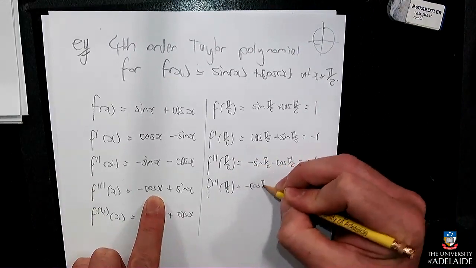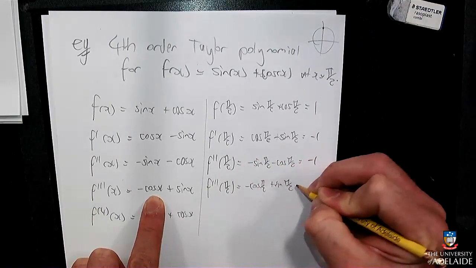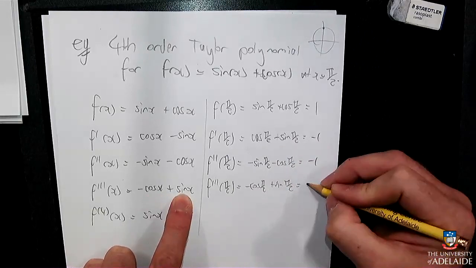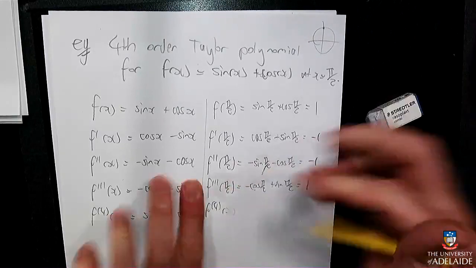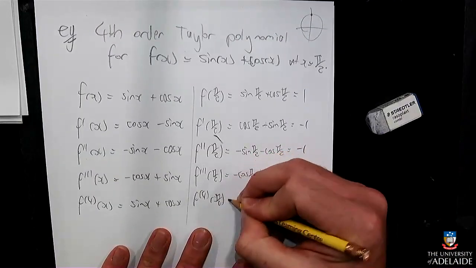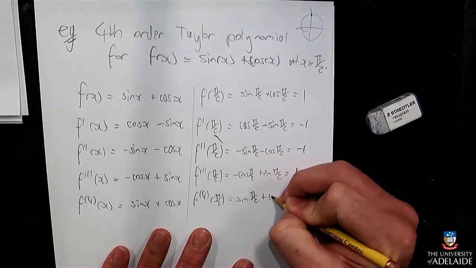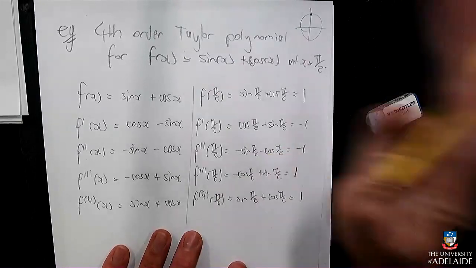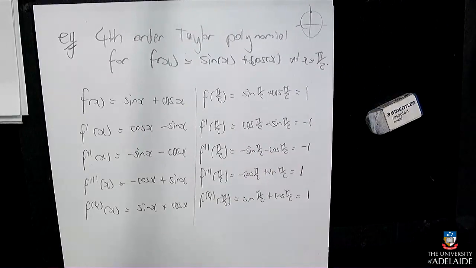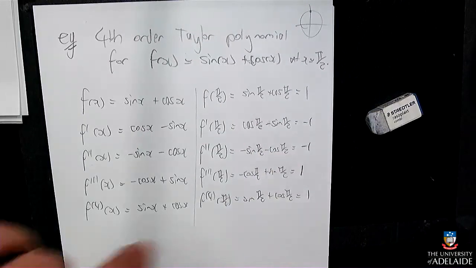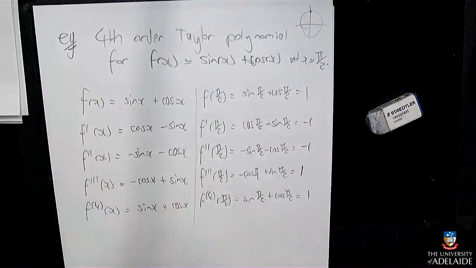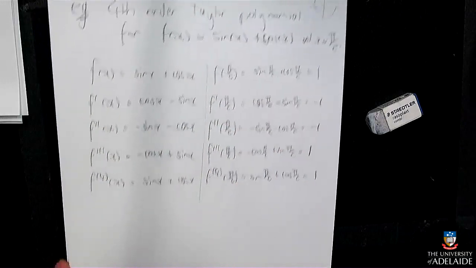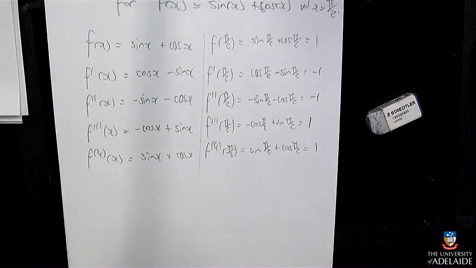Minus cos of pi on 2: cos of pi on 2 is 0, sine of pi on 2 is 1. And this is back to where we started, 1. Okay, so it looks to me the next one will be negative 1. So if we did this longer, it would be 1, minus 1, minus 1, 1, 1, minus 1, minus 1, 1, 1, minus 1, minus 1, 1, 1, if we did it forever. Okay, and then to get the actual coefficients, we're going to have to divide these by their matching factorials.